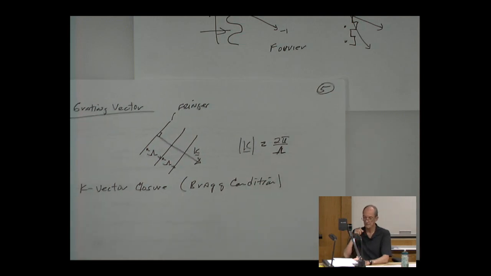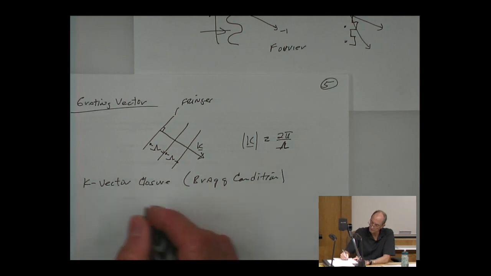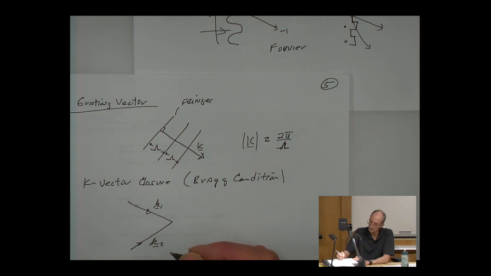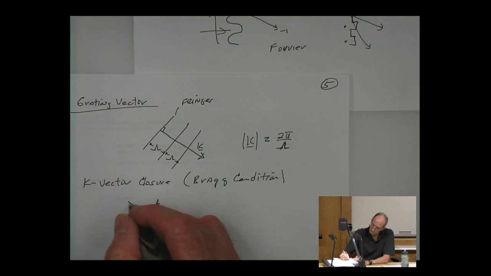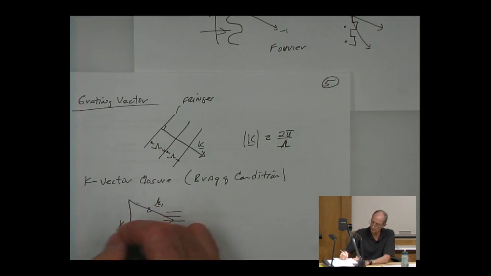What this k-vector closure tells us very simply is that if we have these two construction waves, k1 and k2, these two propagation vectors, we end up with fringes being formed like so, and the grating vector is perpendicular to those, but also the grating vector completes this little vector relation that we have here.